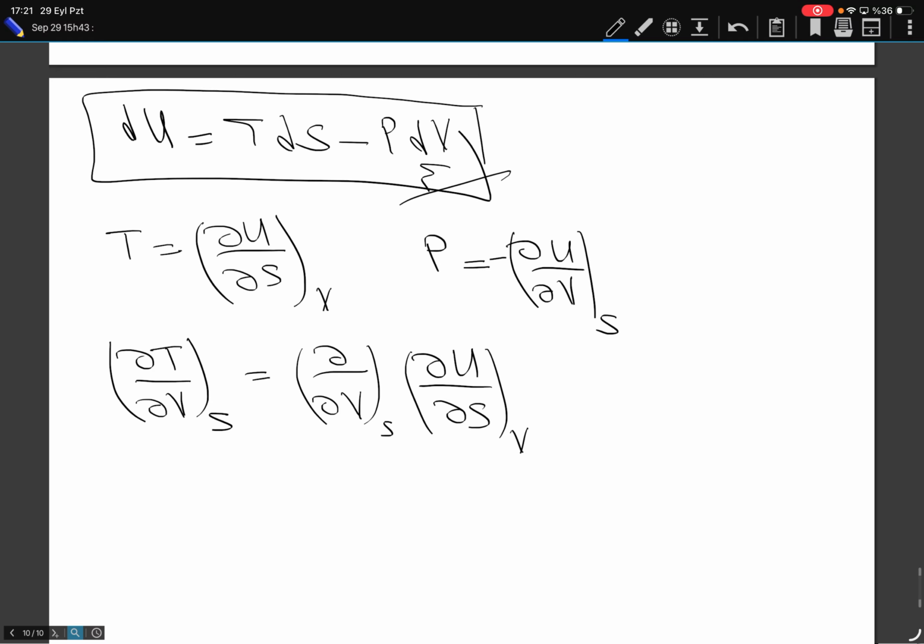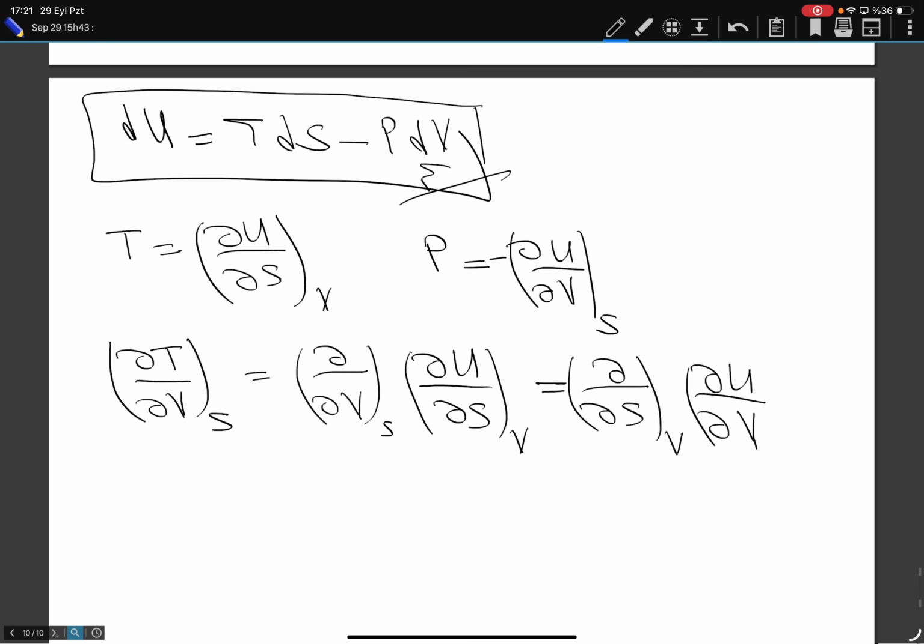What that means is I can just change the order of differentiation with respect to entropy and differentiation with respect to volume. That will give me the derivative with respect to entropy at constant volume of the derivative of internal energy with respect to volume at constant entropy. But now the derivative of U with respect to volume is nothing but minus the pressure.